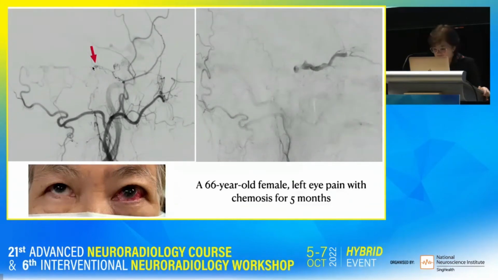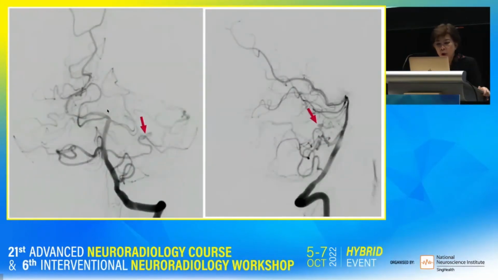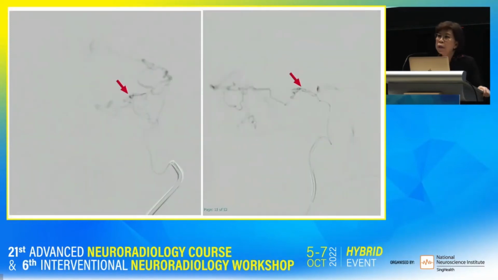The shunt is right here. And you can also notice it from the posterior fossa, from the vertebral artery injection. I'm not quite sure whether it's supplied from the ICA or from the other, but definitely, finally, the vein is still the same.